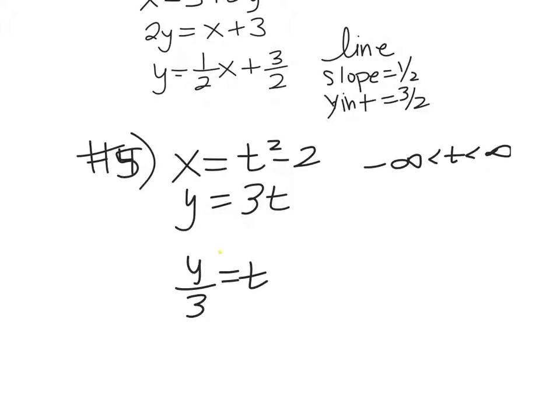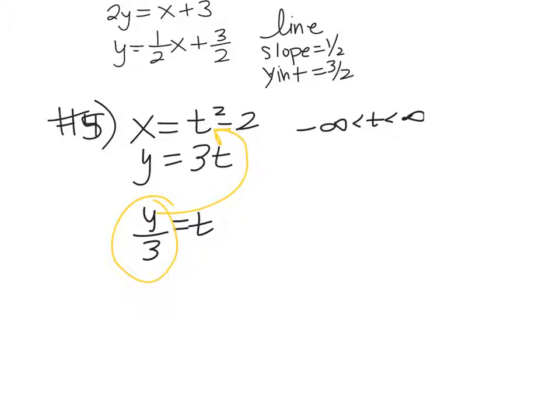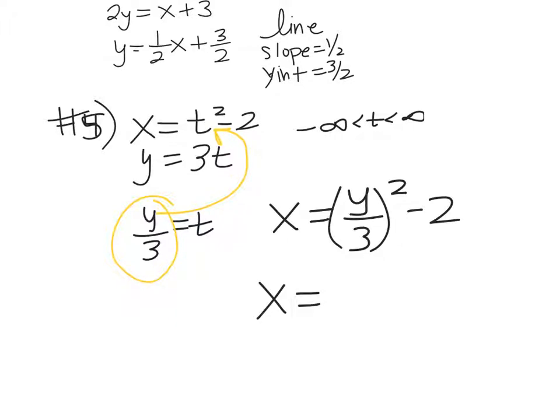Once again we plug it in, and you don't get something all that nice. You get x equals y over 3 squared minus 2, which you can write as x equals 1/9 y squared minus 2.